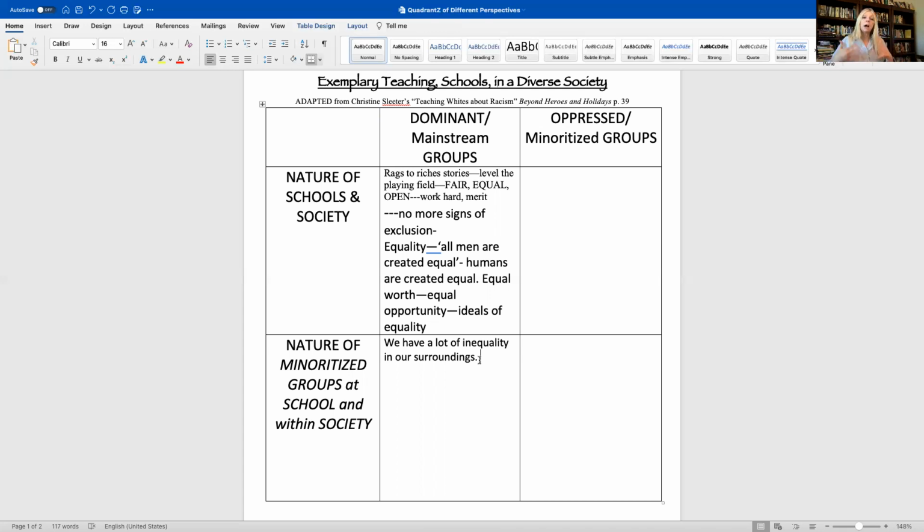So we have a lot of inequality. We've seen some gains for sure, but nevertheless, we still look around in our professions and we see, wow, the teaching force is overwhelmingly white. Wow, the medical field is very, very white.